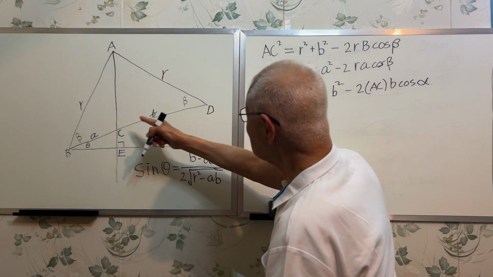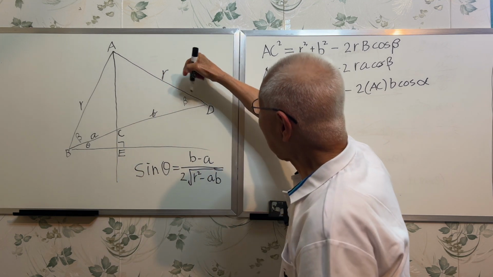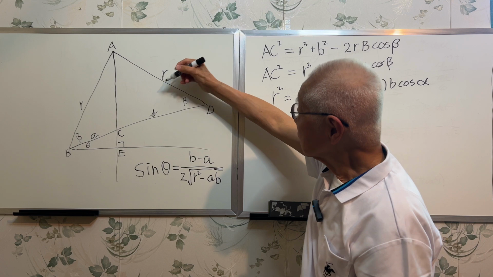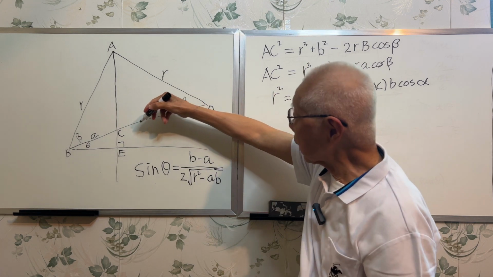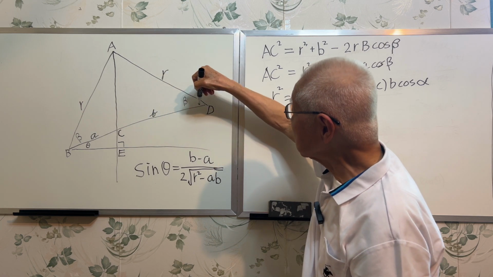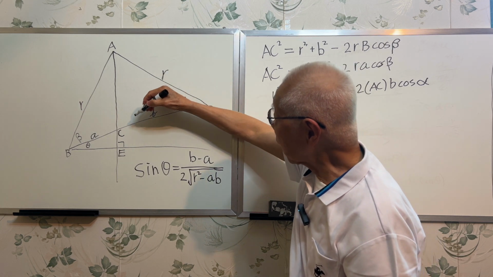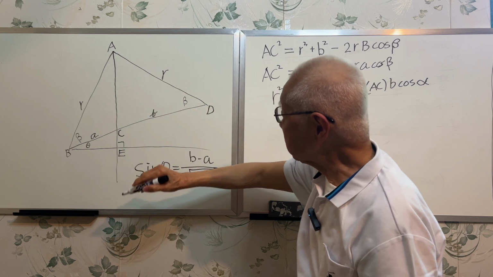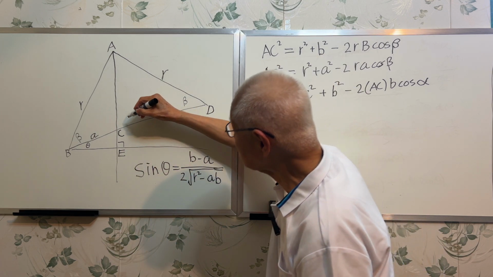In this triangle, R squared is AC squared plus b squared minus 2 times AC times b times cosine this angle. So let me call this angle alpha.